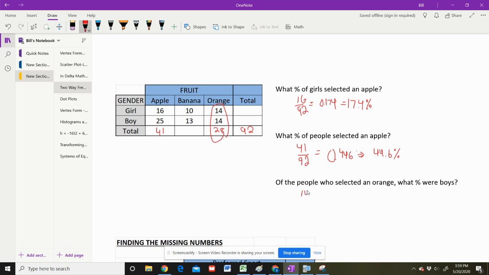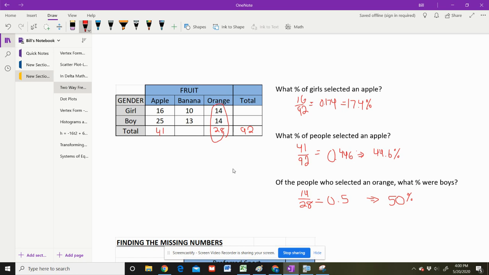So if we just went 14 divided by 28, we get 0.5. And then if we multiply that by 100, or just move it 2 spots to the right, we get 50%. All right. So those are just some of the questions that you may have on Google Form.